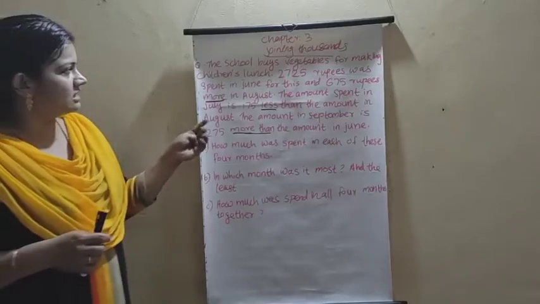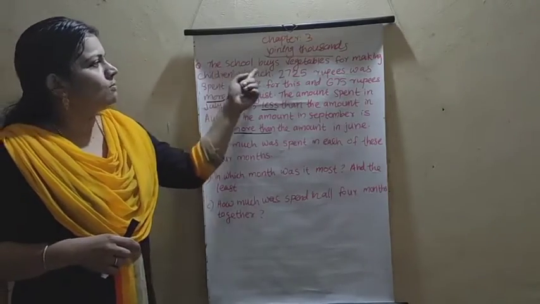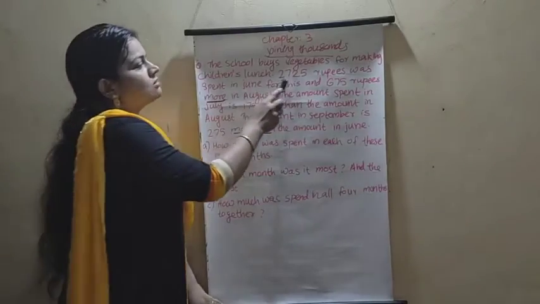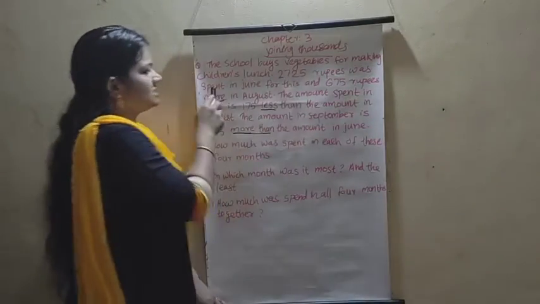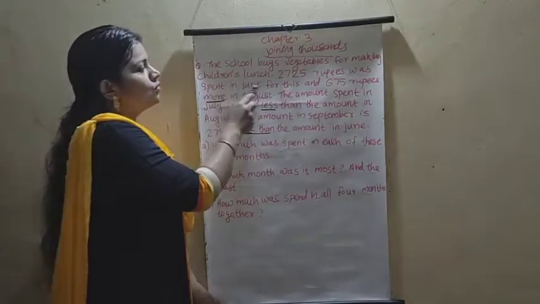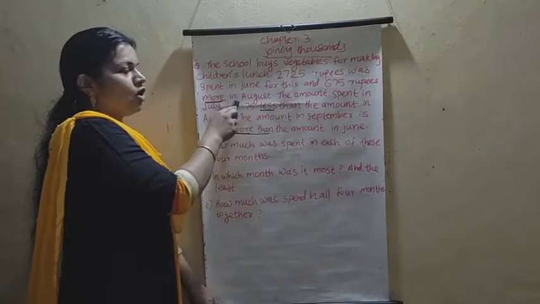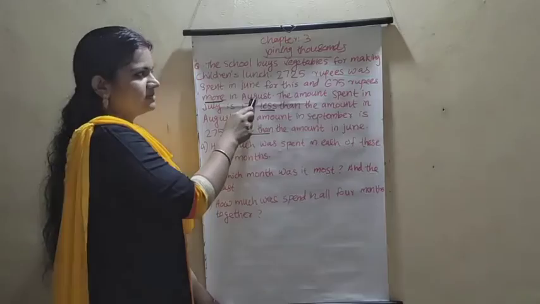What about this question? The school buys vegetables for making children's lunch. 2,725 rupees was spent in June and 675 rupees more in August.